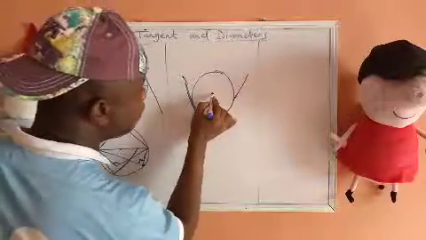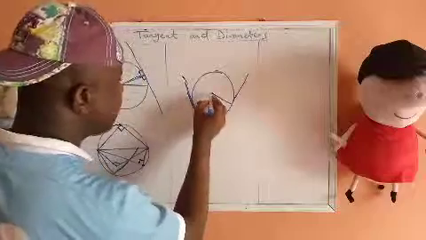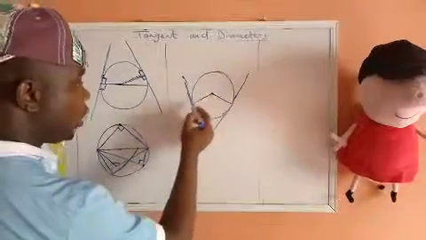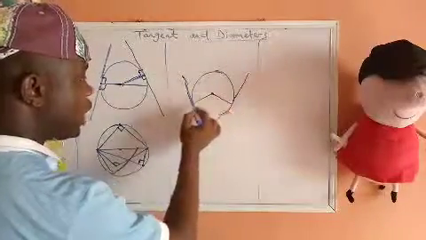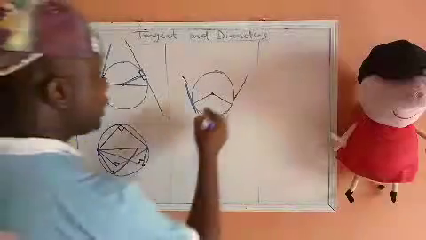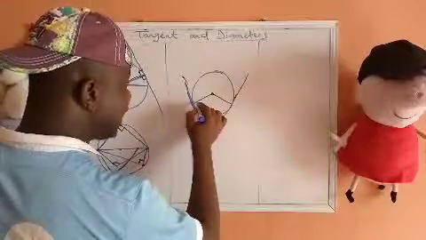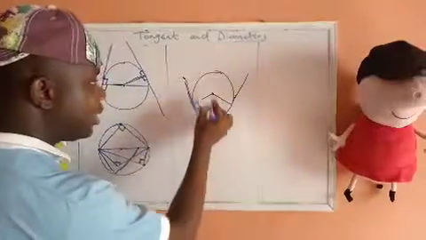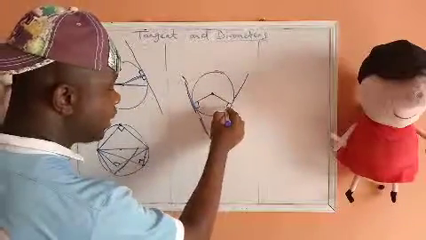Now if we connect the radius to this tangent and connect the radius to this tangent, we have a quadrilateral. A quadrilateral is a 4-sided shape. Now remember that the radius and the tangent meet at angle 90.